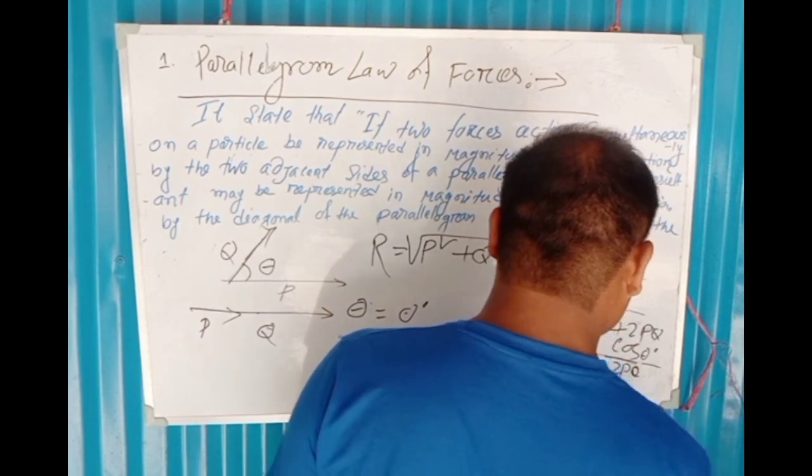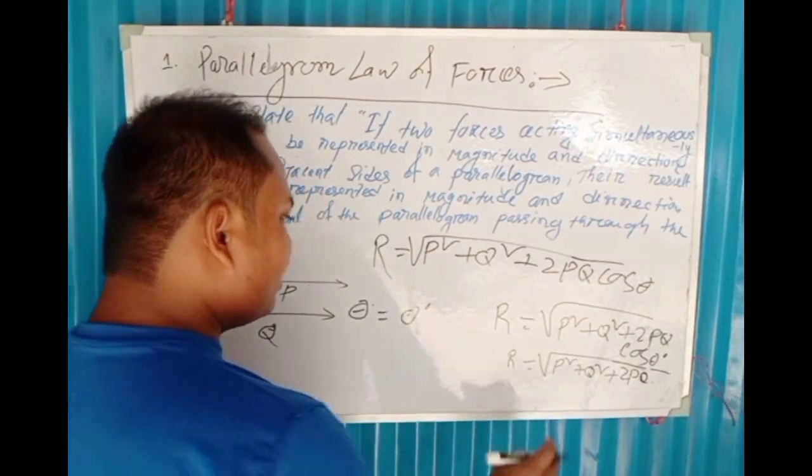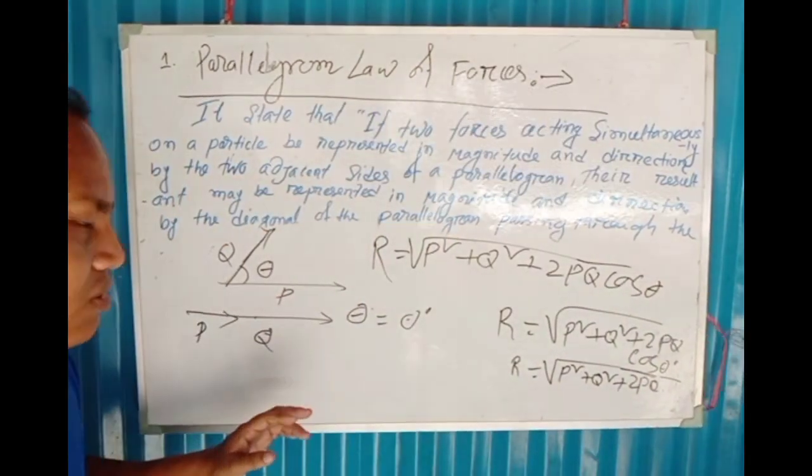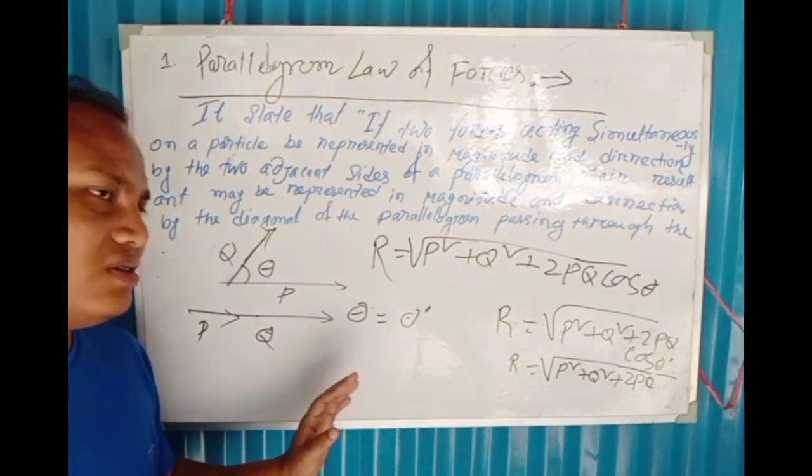Okay, when the value of theta will be 0, the cos 0 is 1.